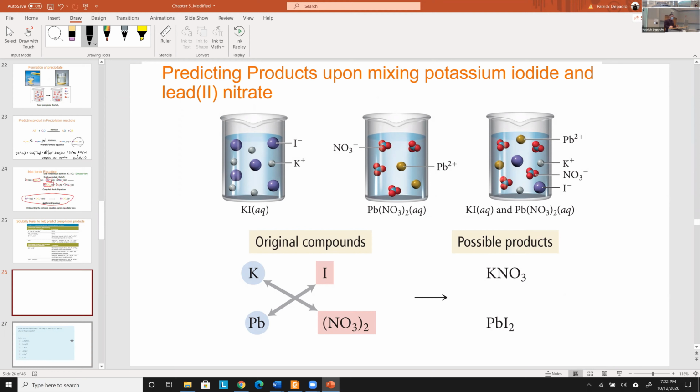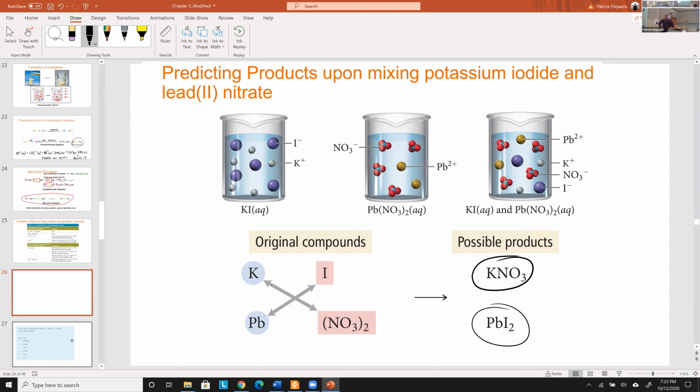You have lead nitrate originally, and then you have potassium iodide. So you mix those together, and you're going to get 2 possible products. You'll get KNO3 and lead iodide. So out of these, which one is soluble? Which one's insoluble?